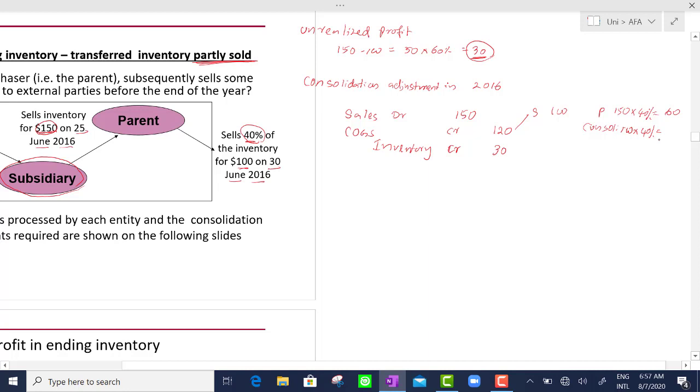Therefore from the group's point of view, the cost of sales should be 40, right? I think that is clear.